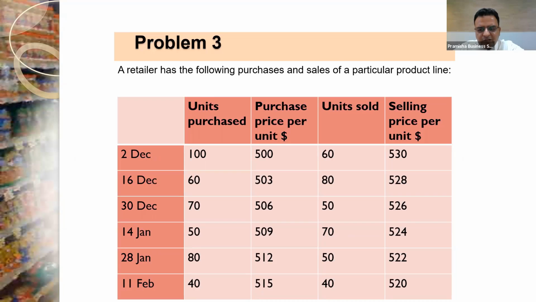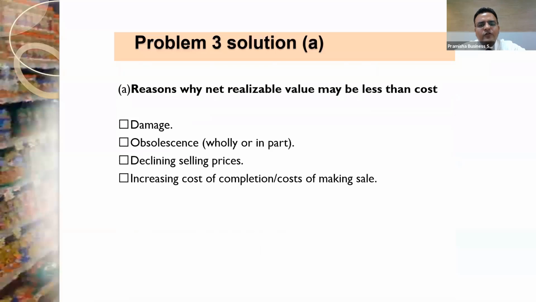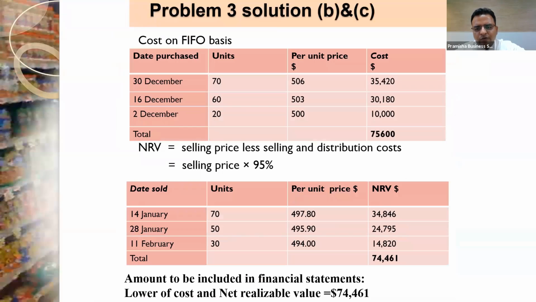And we use these values 524, 522 and 520 as a basis for estimating our selling price less cost to sell to know the net realizable value of 150 units. We have the cost of 150 units, we have the NRV of 150 units. What do we need to record at? Lower of cost or NRV. The lower of the two is 74,461, the value at which inventories will be recorded in the books at lower of cost or NRV. Fine.